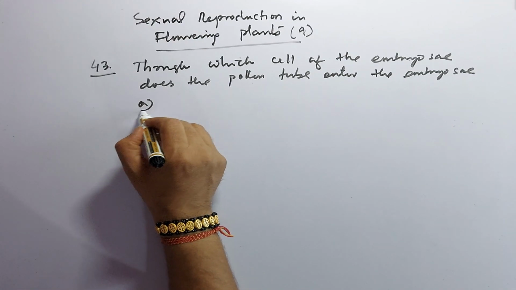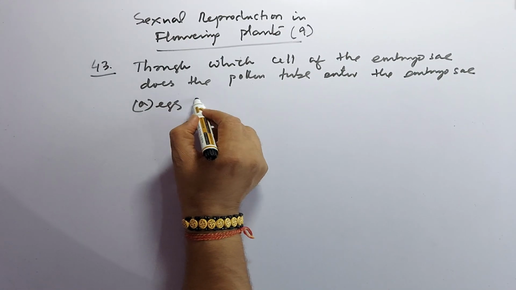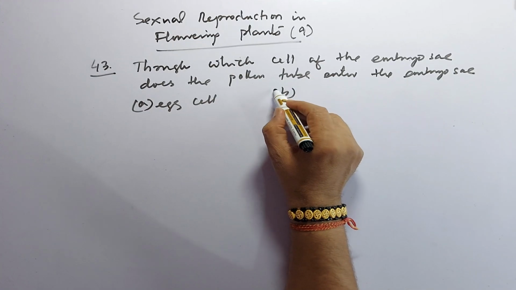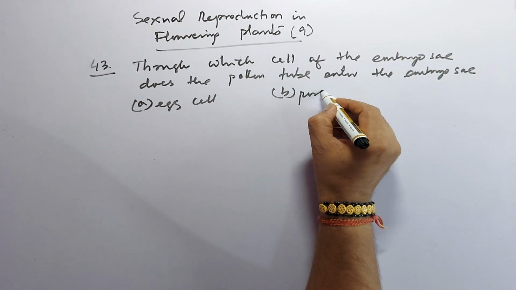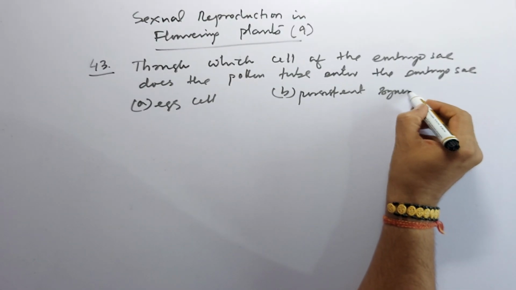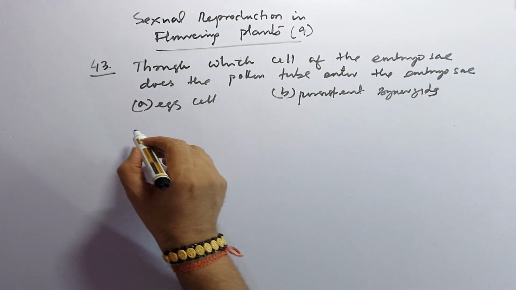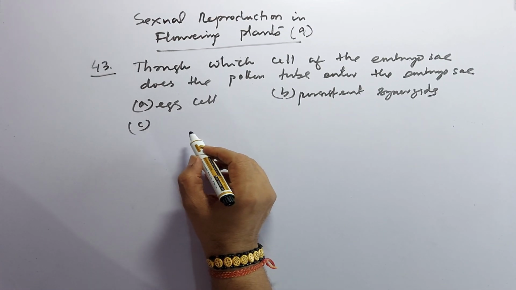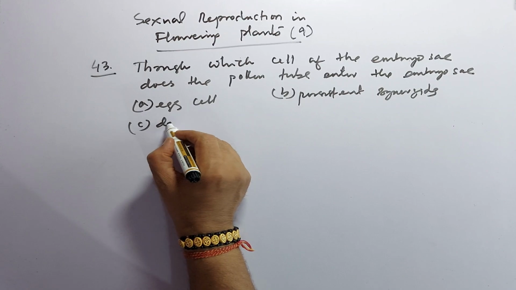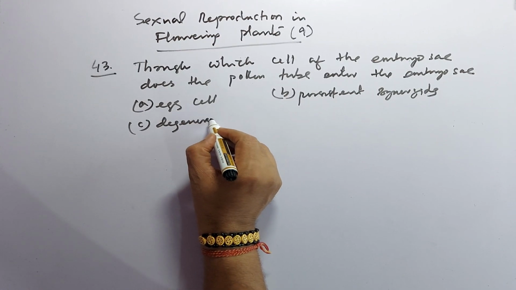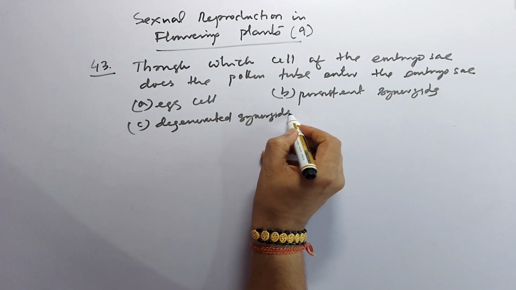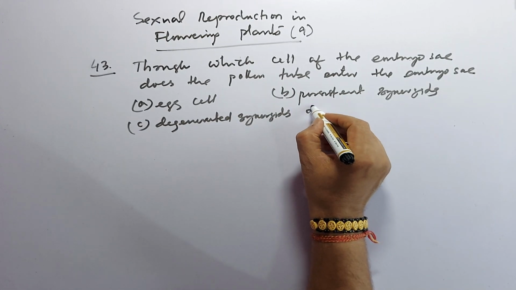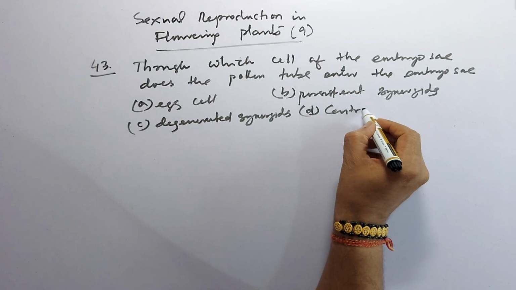The first option is egg cell, the second option is persistent synergid, C degenerated synergid, and D central cell.